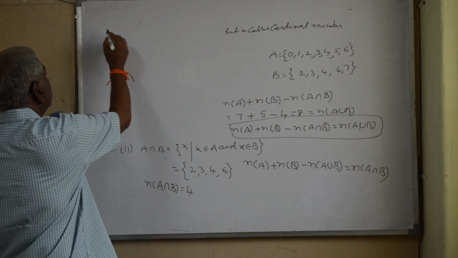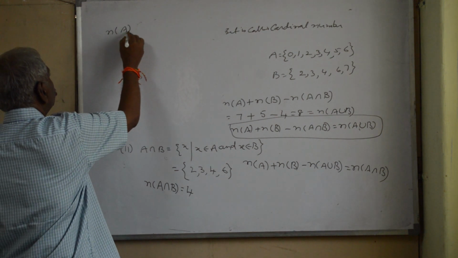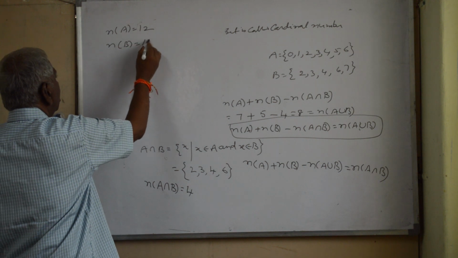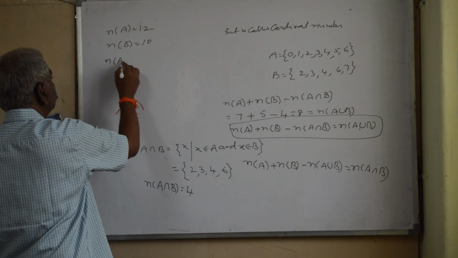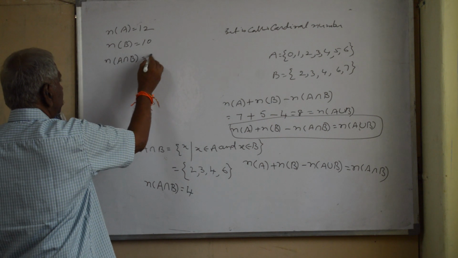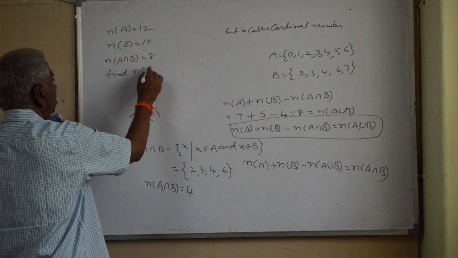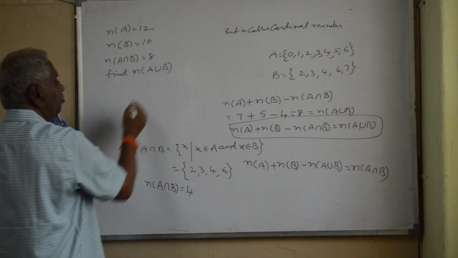Suppose you are given n of A is equal to 12, n of B is equal to 10, and n of A intersection B is equal to, say, 8. Find n of A union B. How to find it?